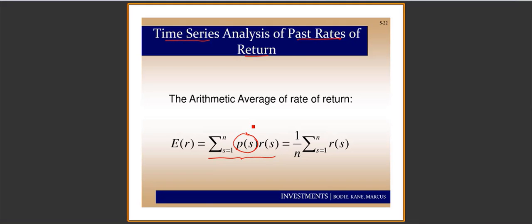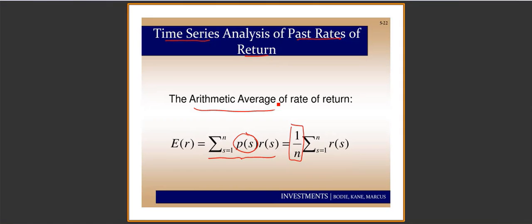We used that a moment ago with a 45% chance, a 25% chance of those different returns. That's not what we're doing here. If you'll notice, we're going to take all of those and divide by n, where n is the number of observations that we have. There's nothing to forecast. It's already happened. So what we're going to do is average. This is the arithmetic average of the rates of return.